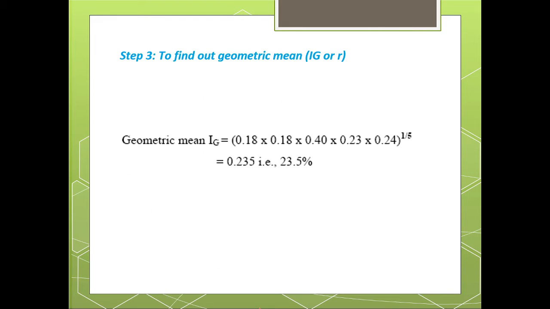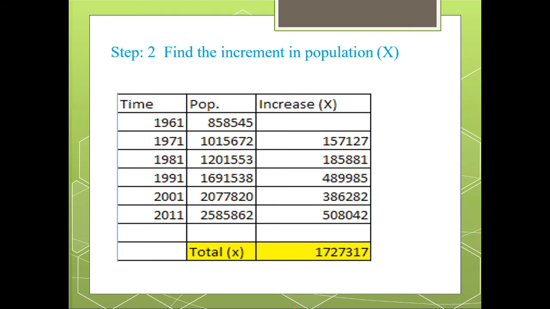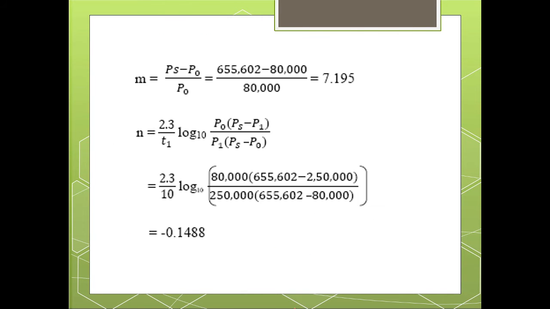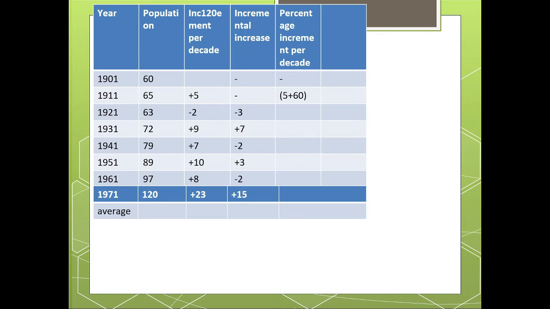Geometrical mean, how do you get? Okay, here I will show. 5 divided by 60 into 100, how much will you get? Just calculate. 8.33 percent increase.